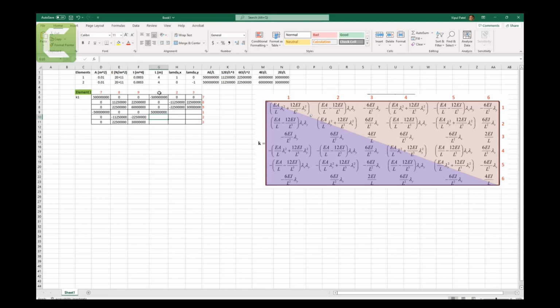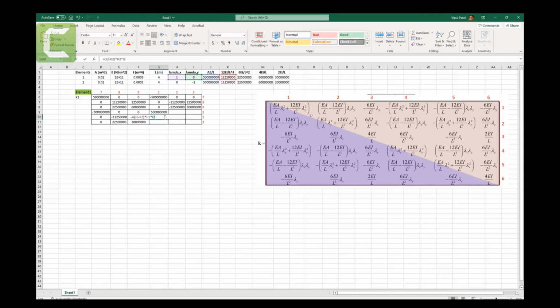As you can see, this number here. If I come back here, number 4 equals, you can see the bracket here: AE on L, minus 12 EI on L cubed, minus 12 EI on L cubed, bracket lambda x lambda y times lambda x times lambda y. So that's all good.